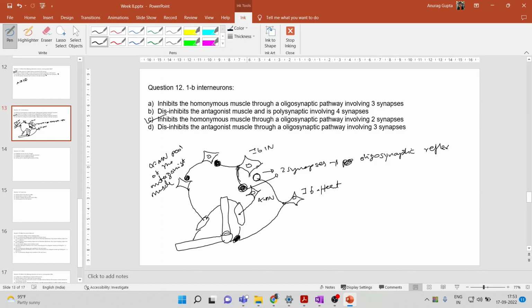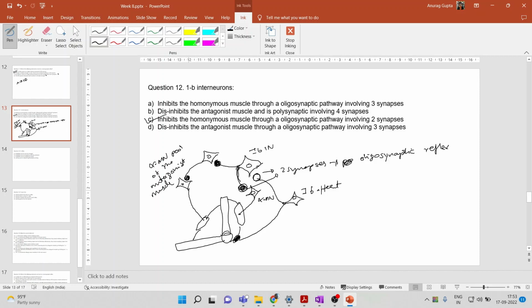So now what the 1B interneuron does is it inhibits another inhibitory interneuron of the alpha motor neuronal pool of the antagonist muscle. Since the inhibitory effect of this interneuron is decreased because of the inhibition by the 1B interneuron, the probability that this alpha motor neuronal pool will get excited increases.